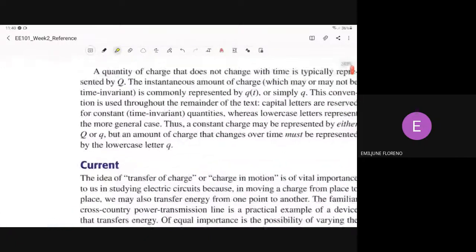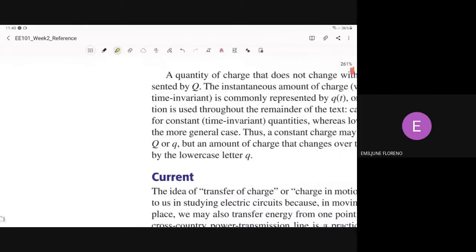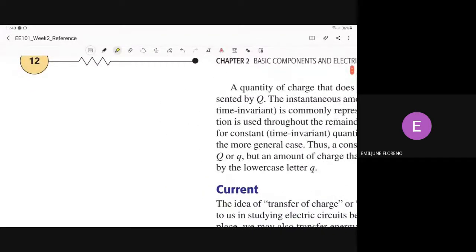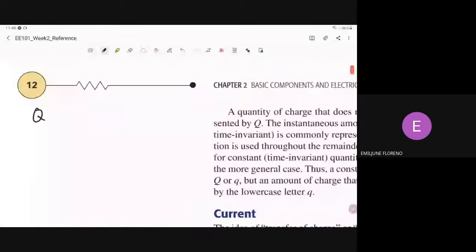Okay, so for uniformity, please bear this in mind. Kung Q, which is capital Q or big letter Q, it means nga dili siya time dependent. When we say not time dependent, it means constant siya.